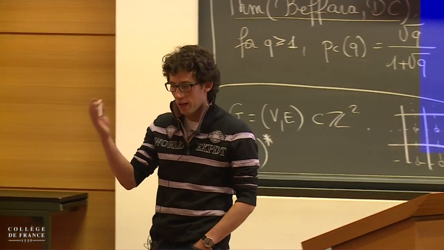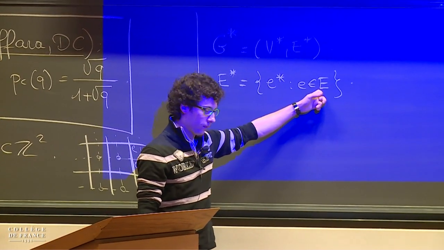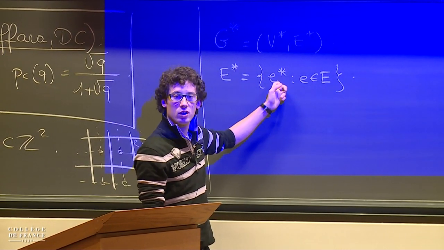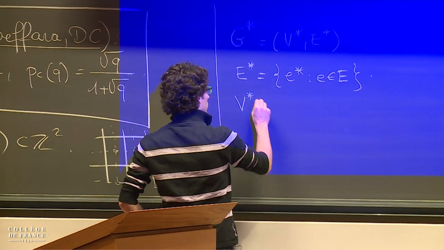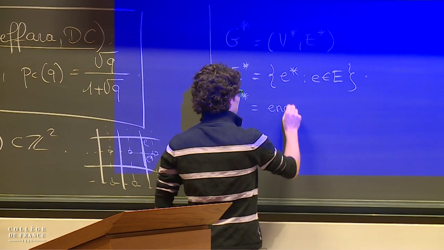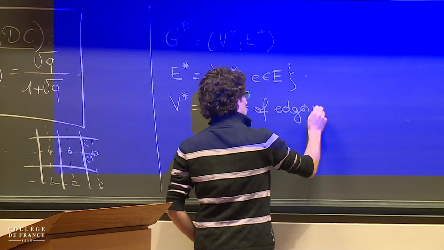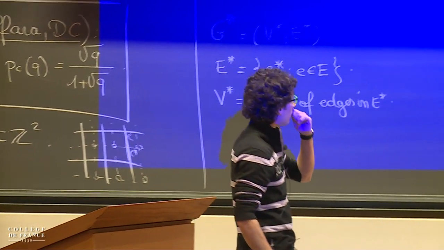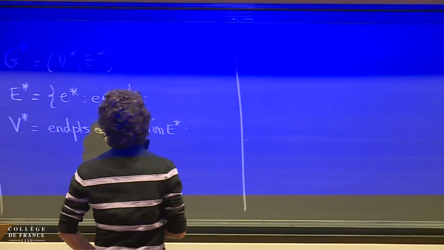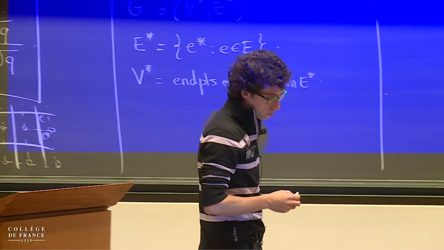It's the only edge of Z^2 star that intersects my edge in the middle. So I take all the edges of G, and I take the dual of these edges. It gives me a set of dual edges, and then V star is just the set of endpoints of edges in E star. Okay, so I get a dual graph like that. I will try to write a little bit smaller today because we won't have two boards.